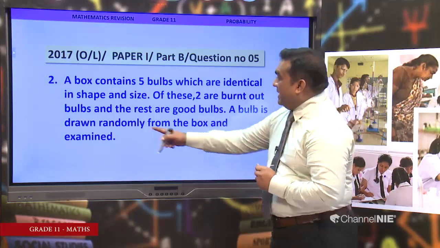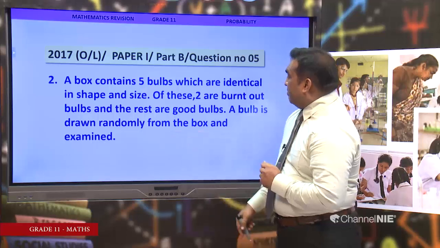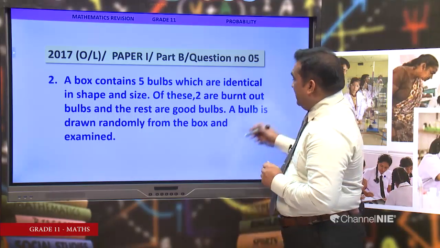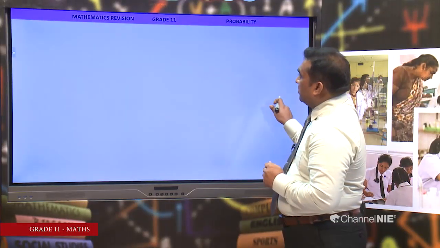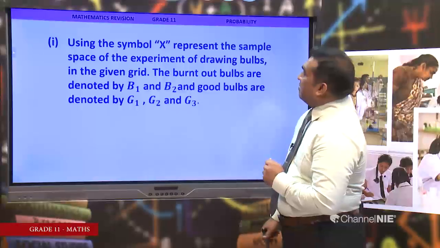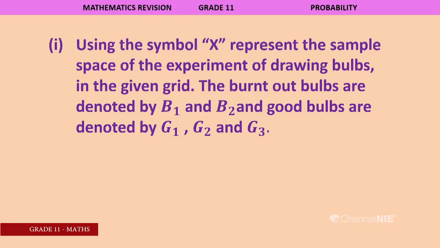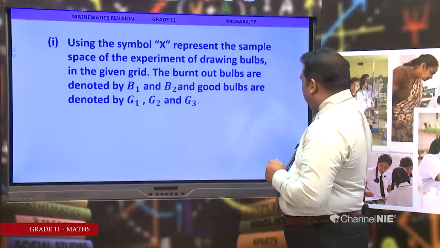A bulb is drawn randomly from the box and examined. Using the symbol X represent the sample space of the experiment of drawing bulbs in the given grid. The burnt out bulbs are denoted by B1 and B2 and good bulbs are denoted by G1, G2 and G3.